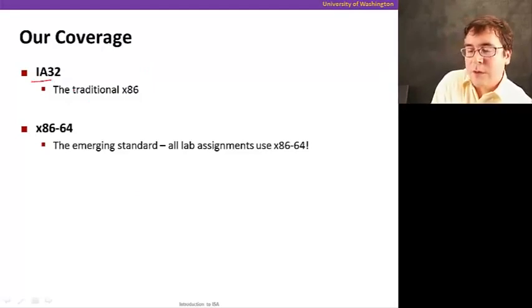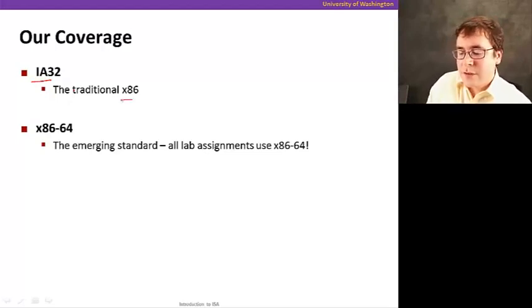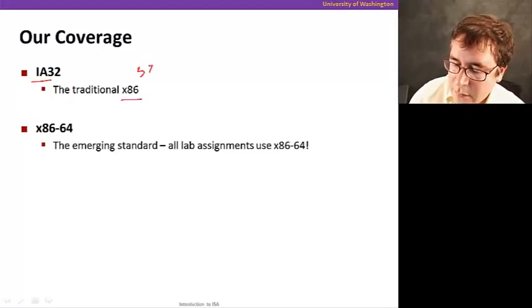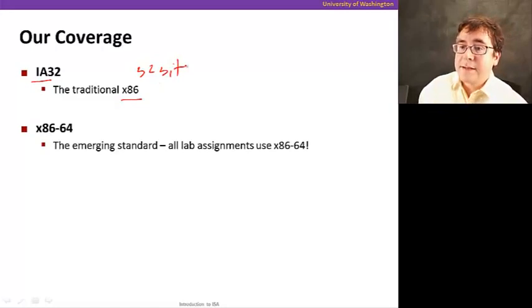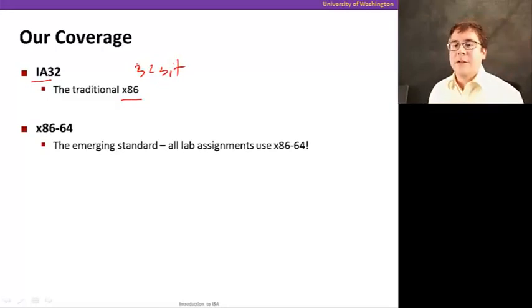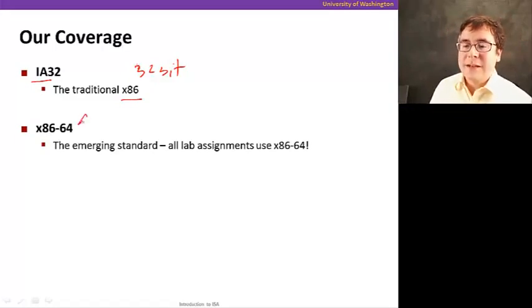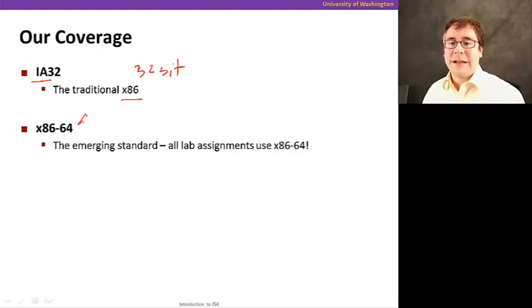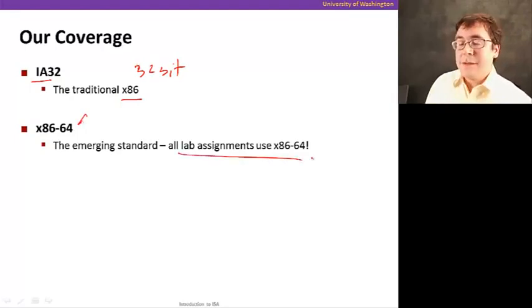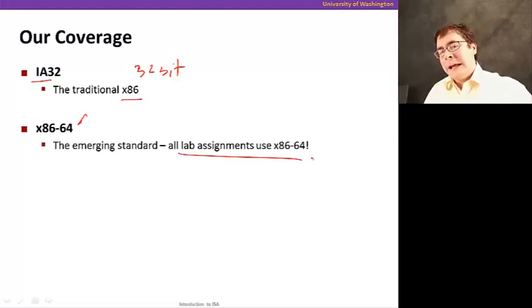We're going to look at what's called IA32, the traditional 32-bit ISA, and then we're also going to talk about the 64-bit version of the x86 ISA. Keep in mind that all lab assignments are actually going to use x86-64, but when teaching you assembly programming, it's going to be largely transparent to you. You're going to know when it matters.